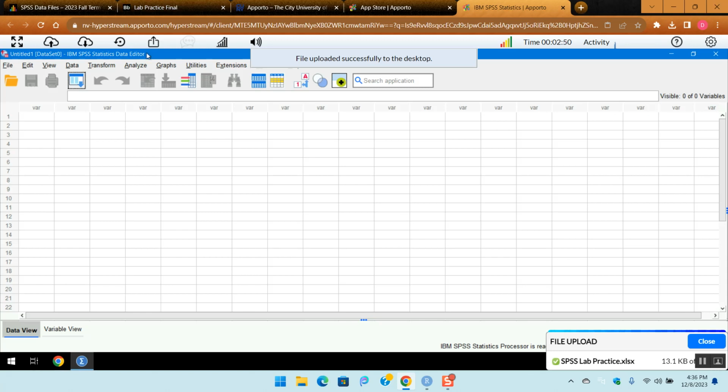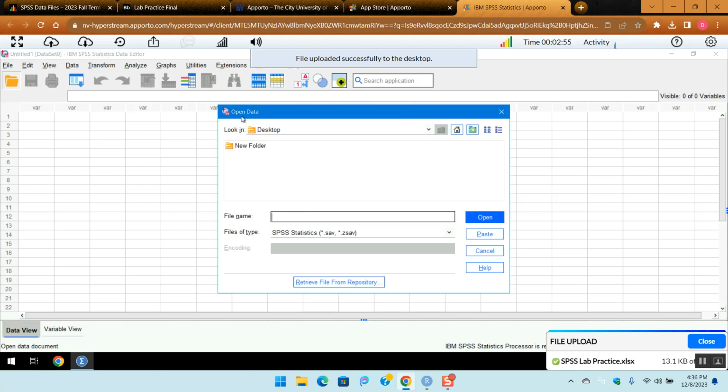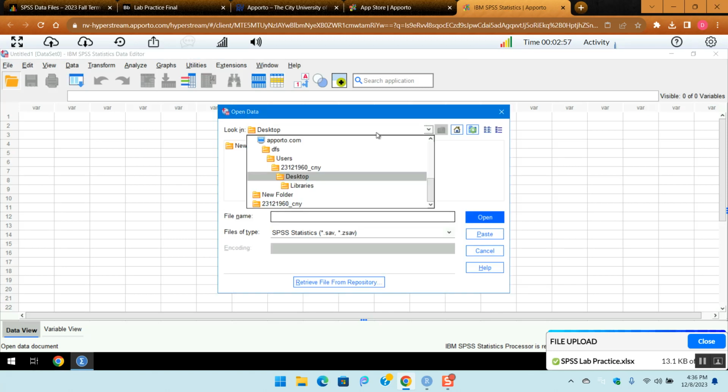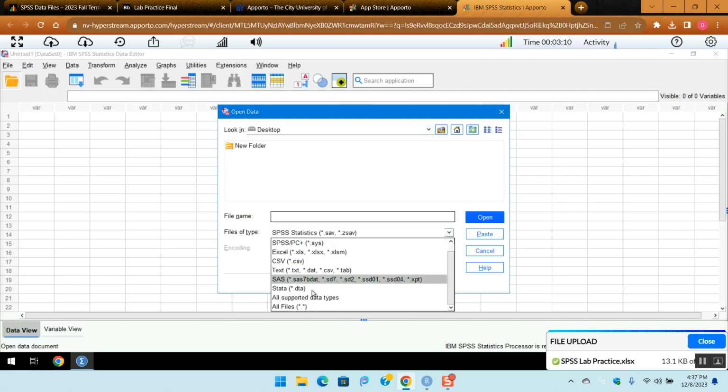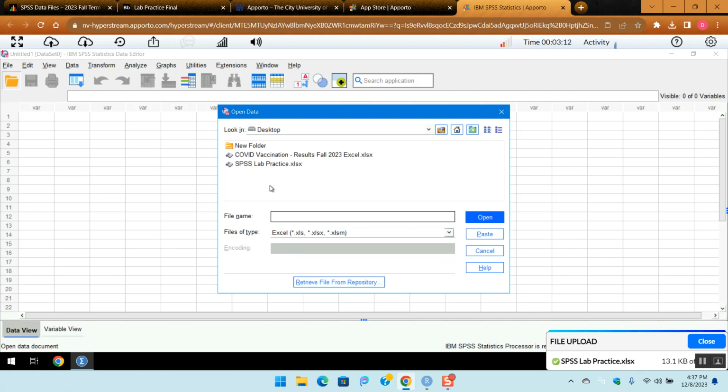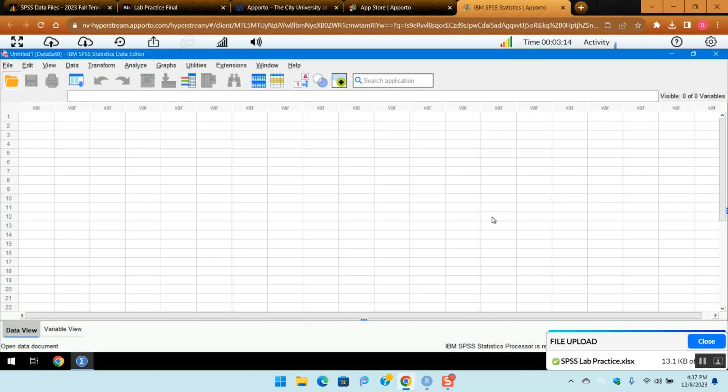Now that I uploaded it to Oporto, I can open it up here in Oporto. Usually when I upload it to Oporto, it ends up on the desktop. We look for Excel, and here it is. It ends up on your desktop.